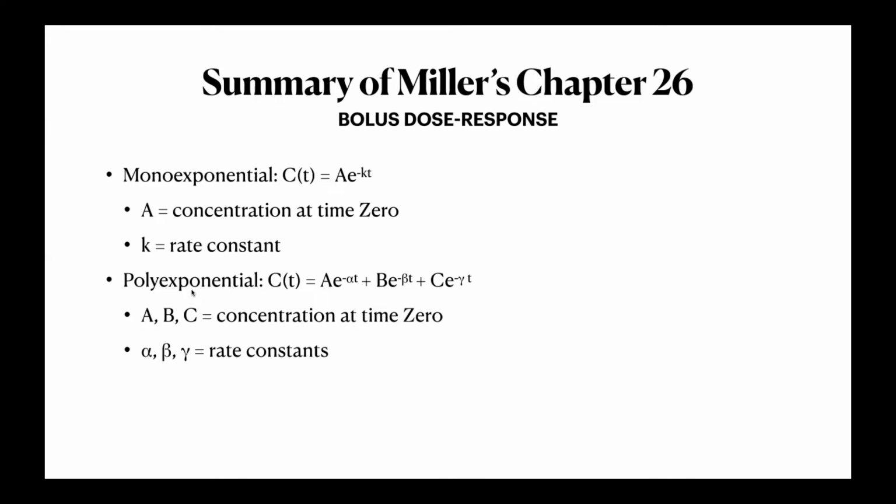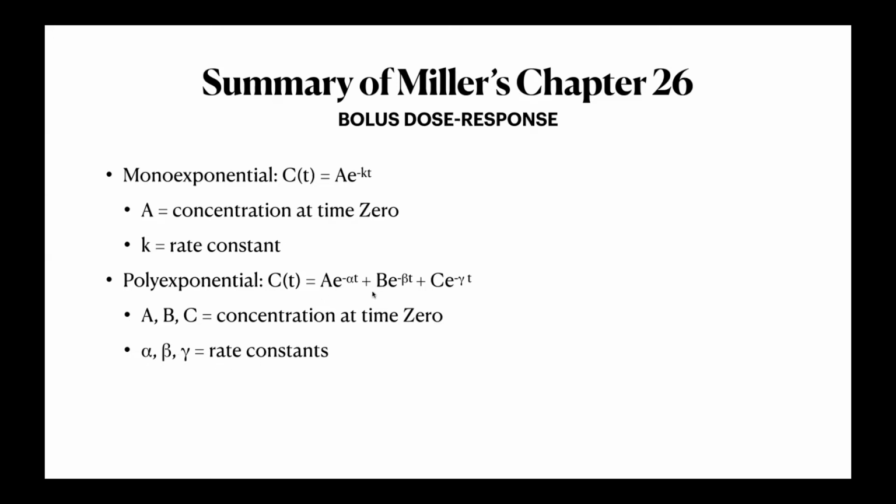What has been shown with pharmacokinetic modeling is that a poly-exponential function describes the time course of drugs a lot more accurately because of the different compartments involved. So they'll often use 3 exponential functions, A, B, C, with the rate constants alpha, beta, and gamma.